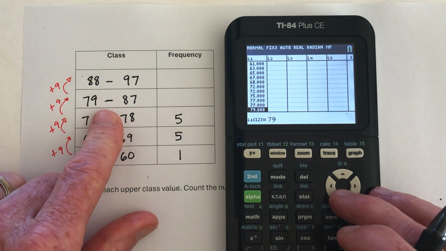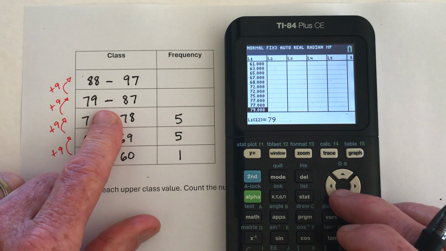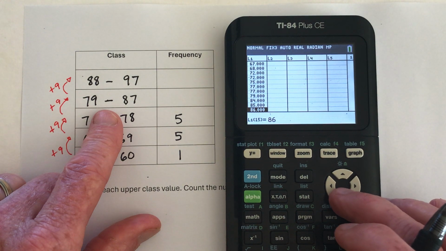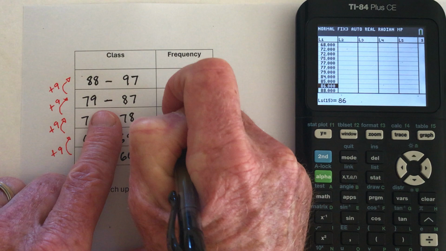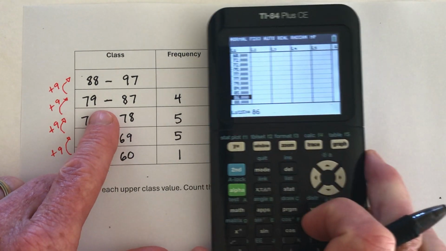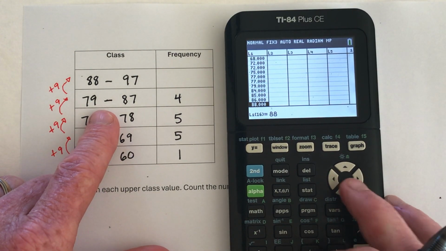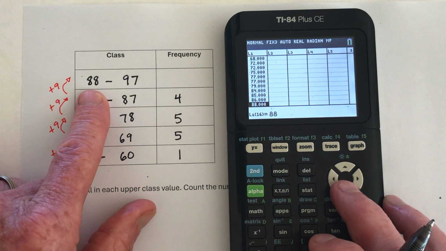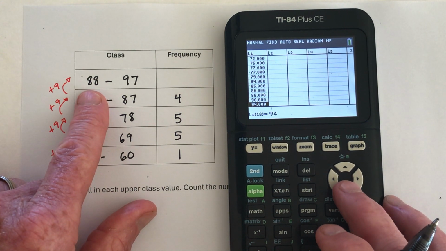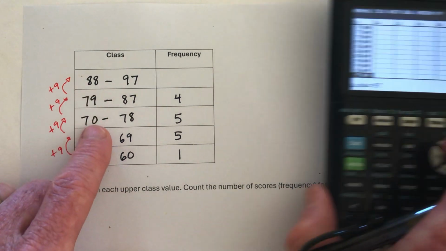So 79 to 87. So this one, yes, 1, 2, 3, 4, just 4 people. And finally, what about 88 to 97? So this 88 would count in here. That's 1, 2, 3, 4, 5, and that's the last score, so 5.